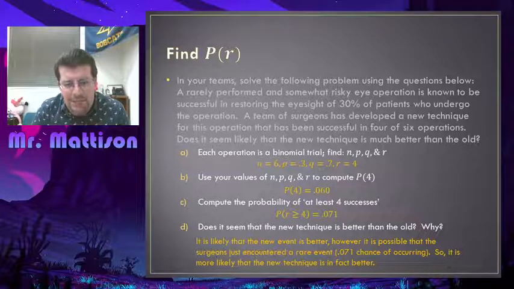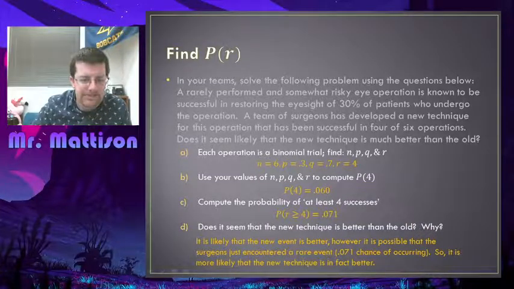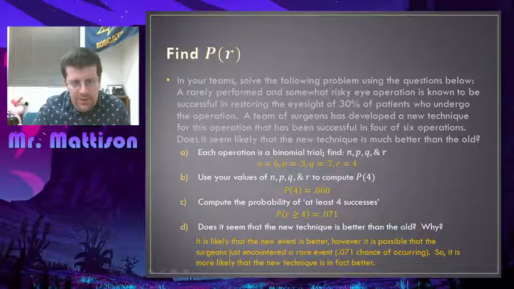So once we have that, let's compute the probability of getting exactly 4 successes. Well, that would be 6 choose 4, times, I need 4 successes, so 0.3 raised to the 4th power, times 2 fails, so 0.7 raised to the 2nd power.